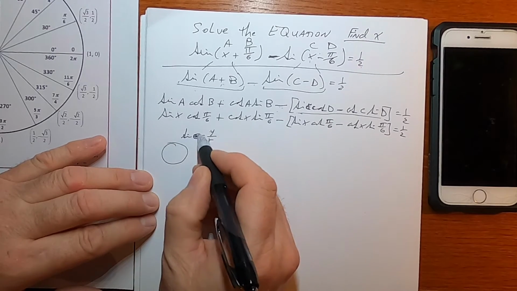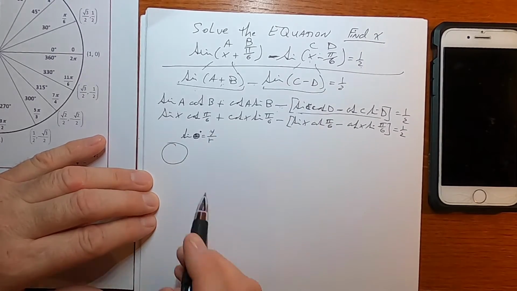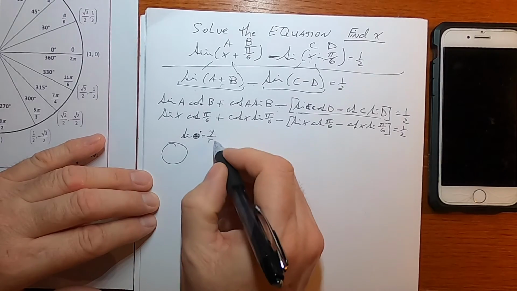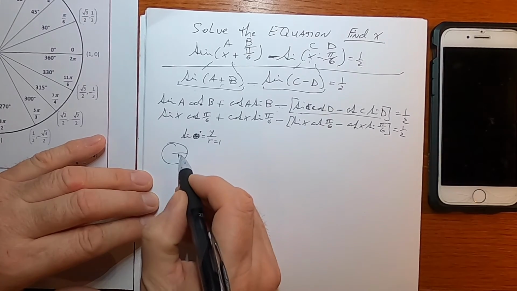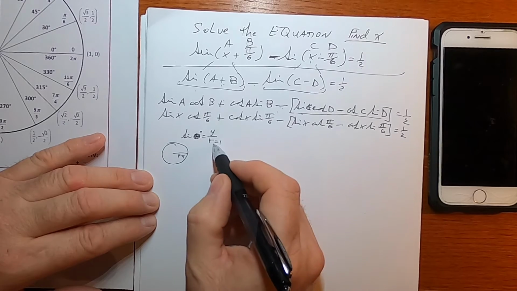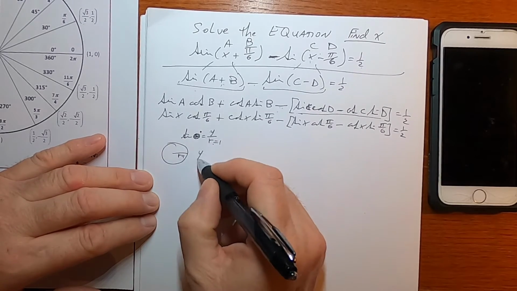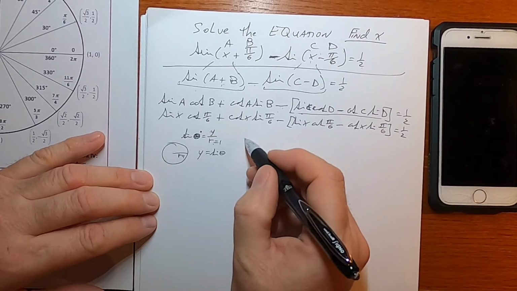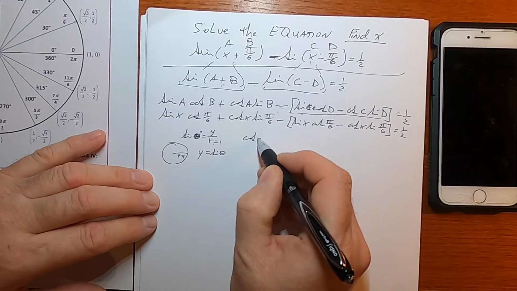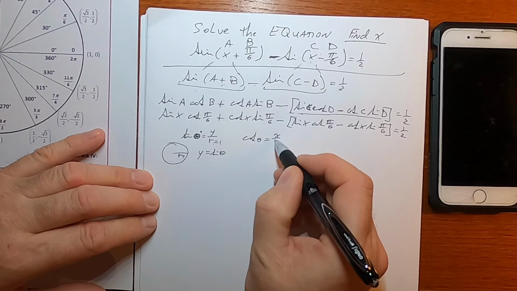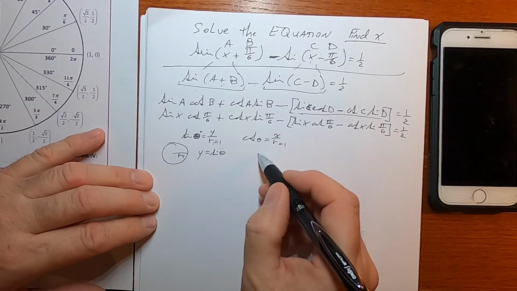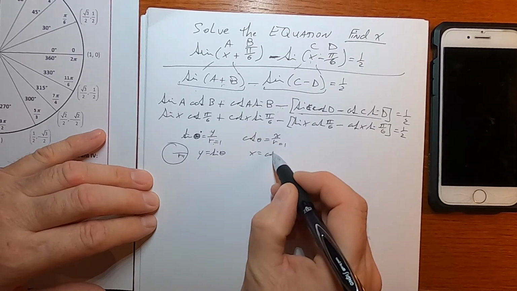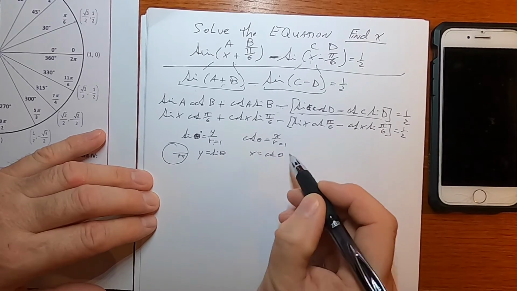Sine of an angle, rather, let me call it theta so you don't get confused, is y over r, but r equals 1 on the unit circle. So if you multiply this over, you get y equals the sine of theta. And similarly, the cosine of an angle is x over r, but r equals 1. You multiply, you get x equals the cosine of the angle.